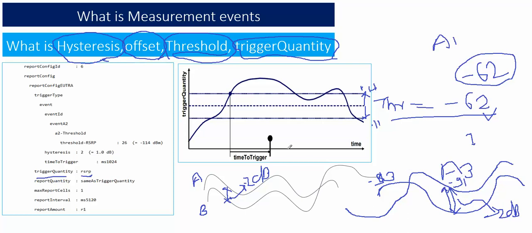So offset is the gap at which A3 will trigger.